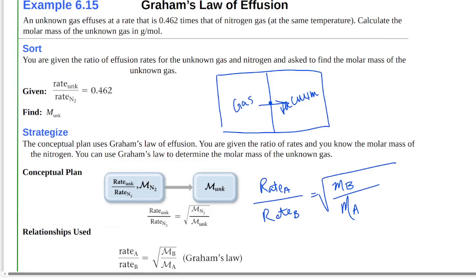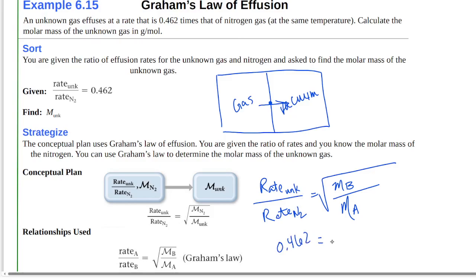nitrogen gas. So what does that mean? It means that the rate of the unknown gas to the rate of nitrogen gas is 0.462. So the ratio of those two rates is 0.462.